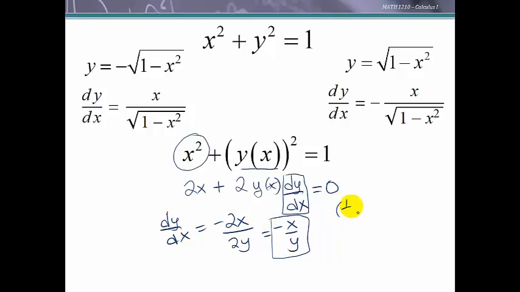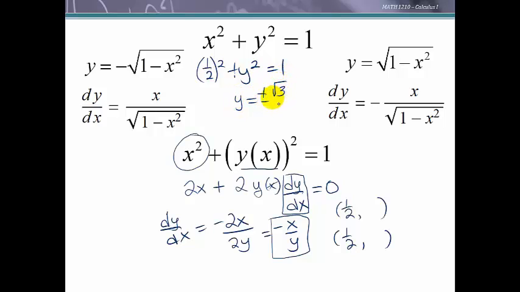So we wanted the tangent to the curve at x equals 1/2, and of course in this equation, if x equals 1/2, we get y equal plus or minus square root 3 over 2, which of course are points on our unit circle.